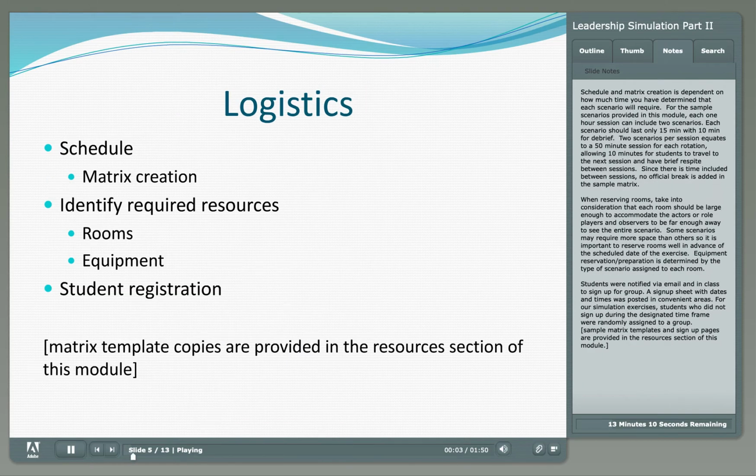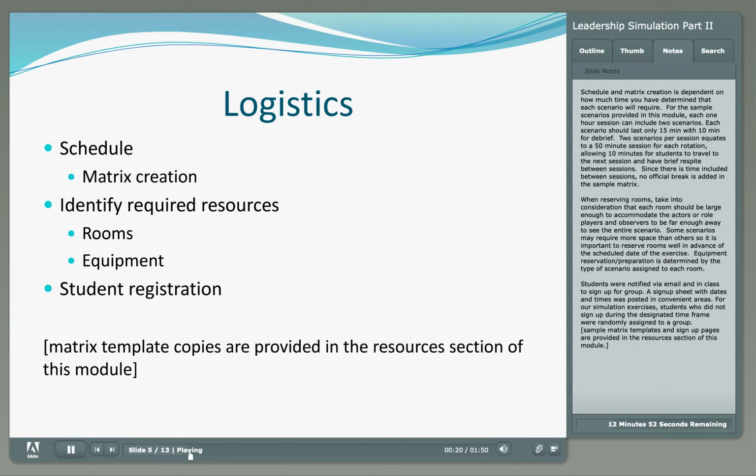Logistics. Schedule and matrix creation is dependent on how much time you've determined that each scenario will require. For the sample scenarios provided in this module, each 1-hour session can include 2 scenarios.